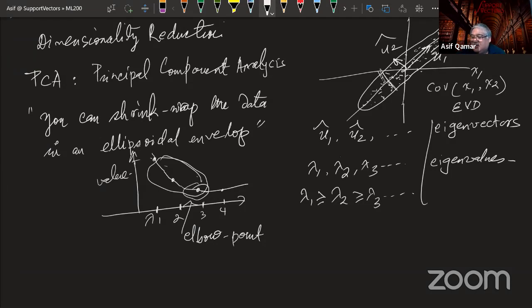I just tell where a point is along the main diagonal axis, and that is the coordinate in one dimension. I don't care about its location along the other direction. You don't lose much by that. To do so is to do the dimensionality reduction. So that was the intuition that we have.